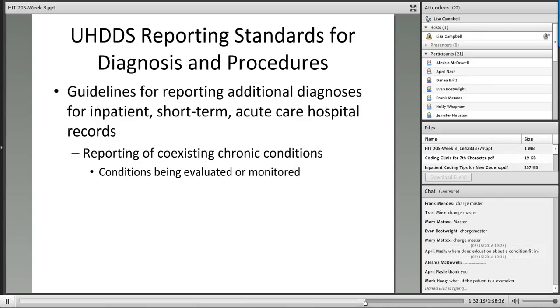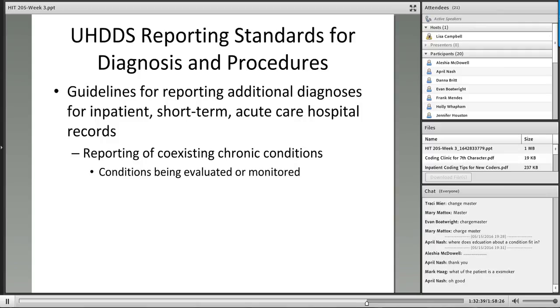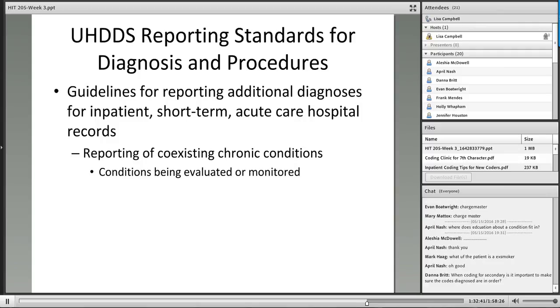On the inpatient coding tips for new coders, I have actually provided you guys with a pretty extensive list of the do's and don'ts of secondary diagnoses, and whether you report the history of smoking, the current drinker, all of that. Some of those things are things that the hospital may tell you to pick up. Some of the things the hospital may tell you not to pick up because it's not going to impact the reimbursement.